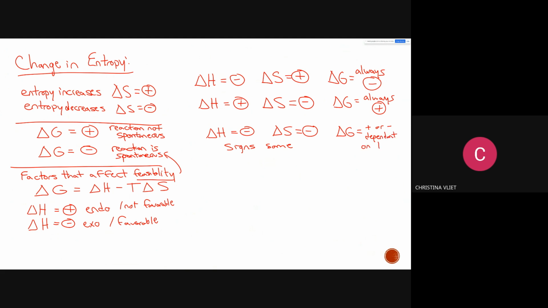And you might have to figure that out in a question. Like what temperature would make the delta G favorable, like for it to be a spontaneous reaction. So the same thing would be true if delta H was positive and delta S was positive. There will be a temperature range where this reaction can happen and a temperature range where this reaction cannot happen. The idea being the reaction is dependent on temperature.